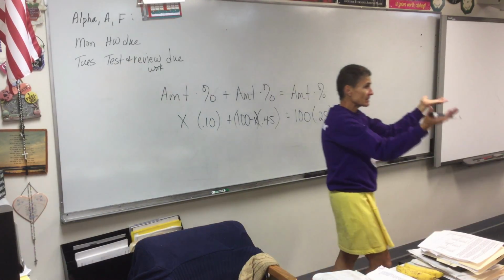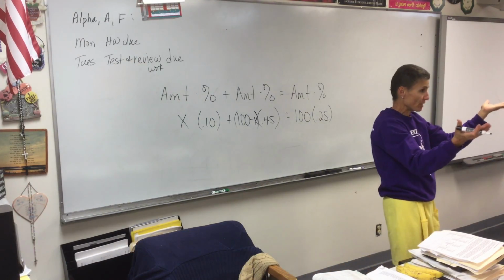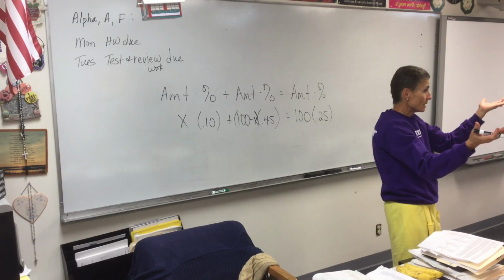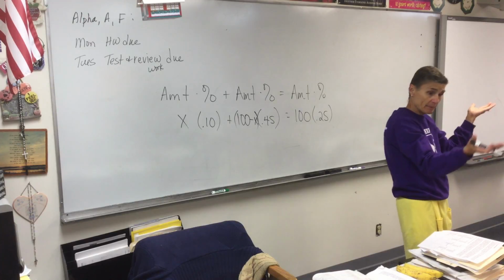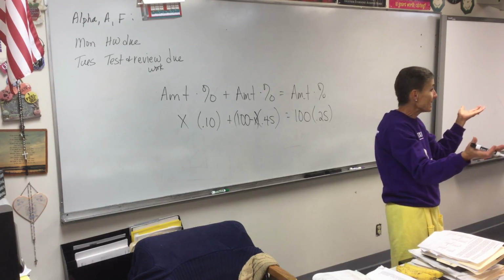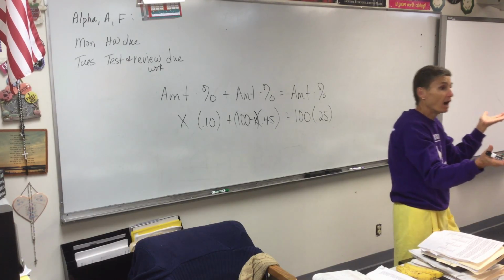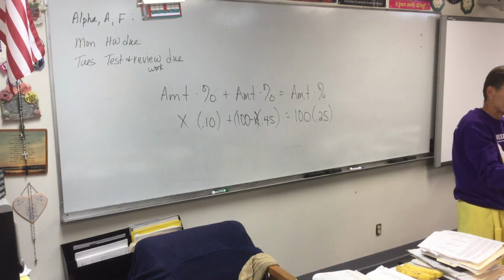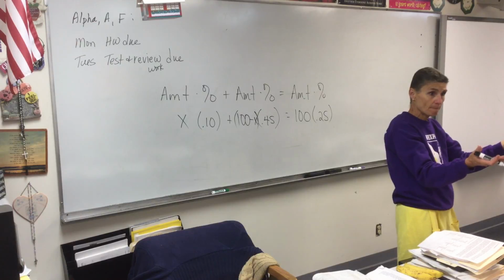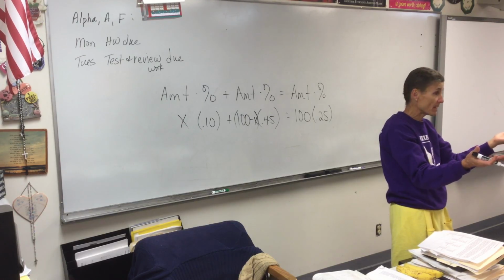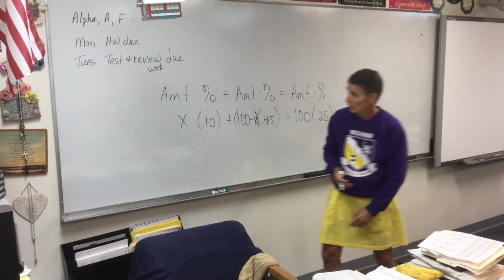If this hand and this hand have to add up to 100, and I know I have 30 in this hand, you would tell me I had how much over here? 70. And how did you get 70? 100 minus 30. So if this is X, this is going to be 100 minus X, right? Every time. Every time.